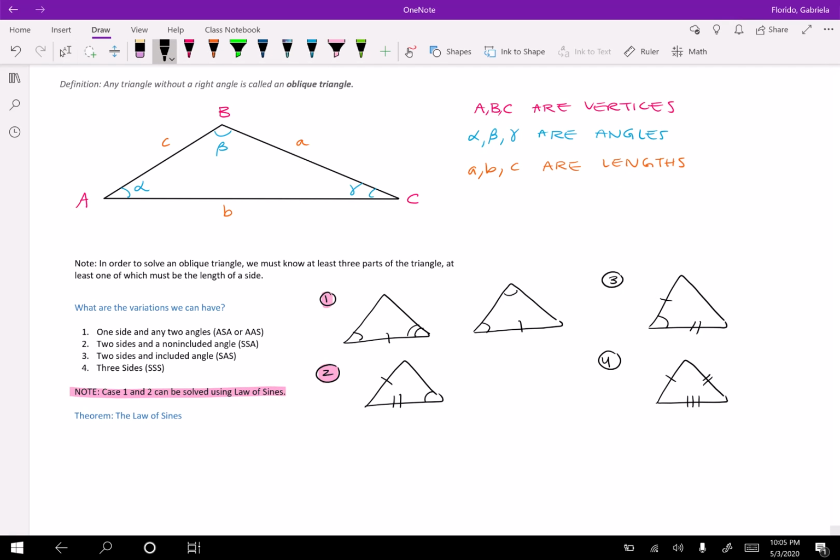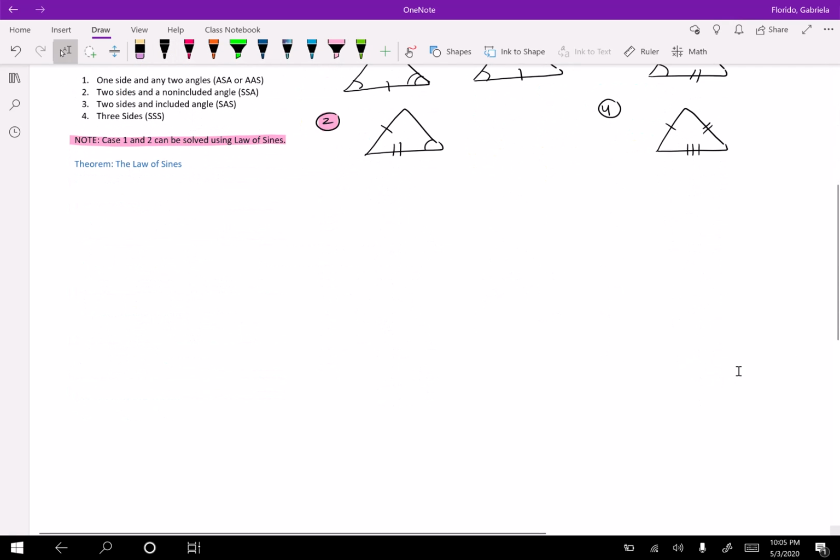The law of sines tells us that in any triangle, sine of alpha over a is equal to sine of beta over little b, which is equal to sine of gamma over little c.